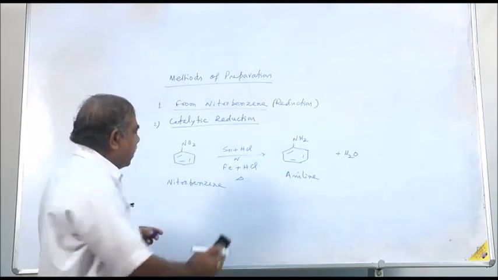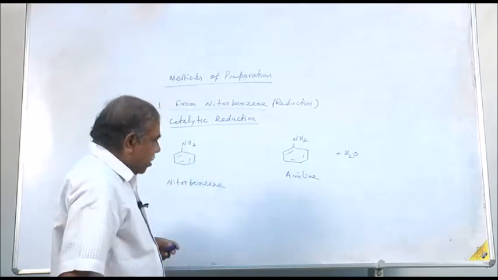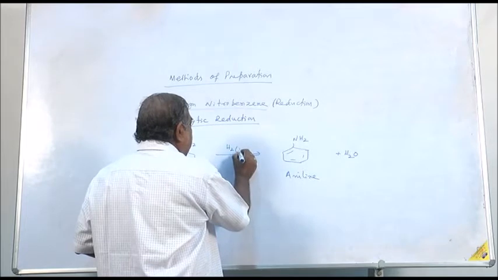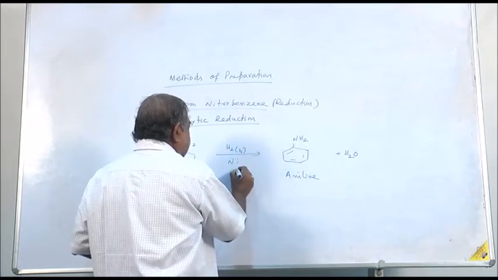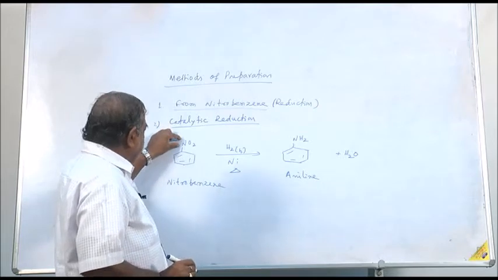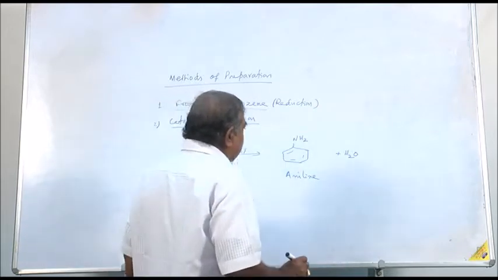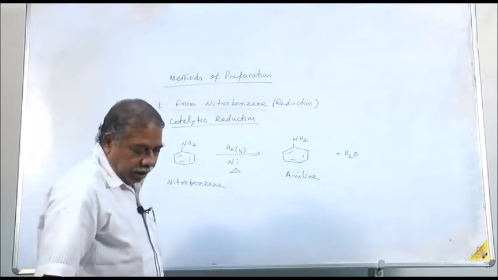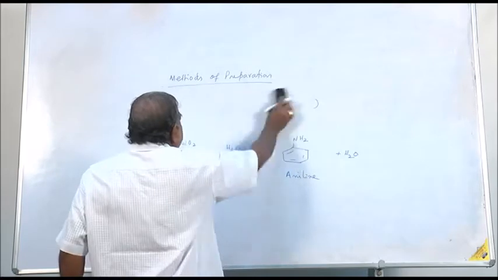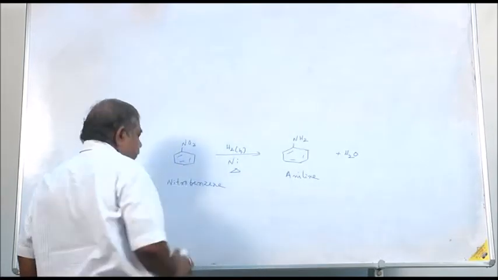When nitrobenzene is reduced by a stream or current of hydrogen gas in presence of nickel catalyst, the same reaction takes place. The nitro group of nitrobenzene is replaced by amino group. You will get aniline and one molecule of water. This method we have also discussed in connection with aliphatic amines.